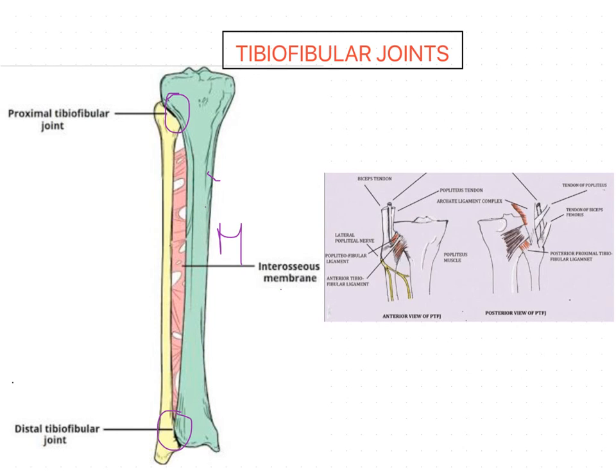The first one is the superior tibiofibular joint or proximal tibiofibular joint. It is a synovial joint of plane variety. The articular ends are the articular facet on the lateral condyle of the tibia, which articulates with the facet on the head of the fibula.